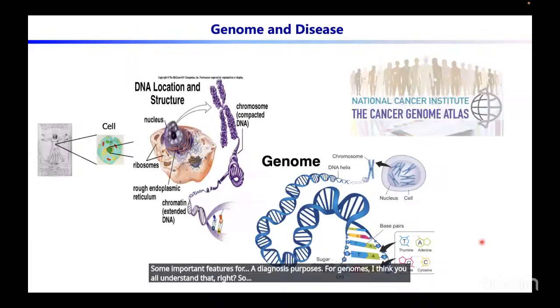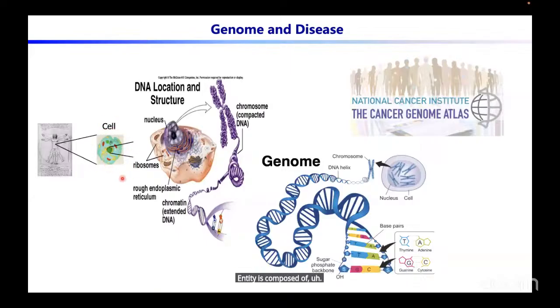So on the right-hand side, we have a biological species, our human, ourselves, and any biological entity is composed of cells as the smallest unit of life, right?